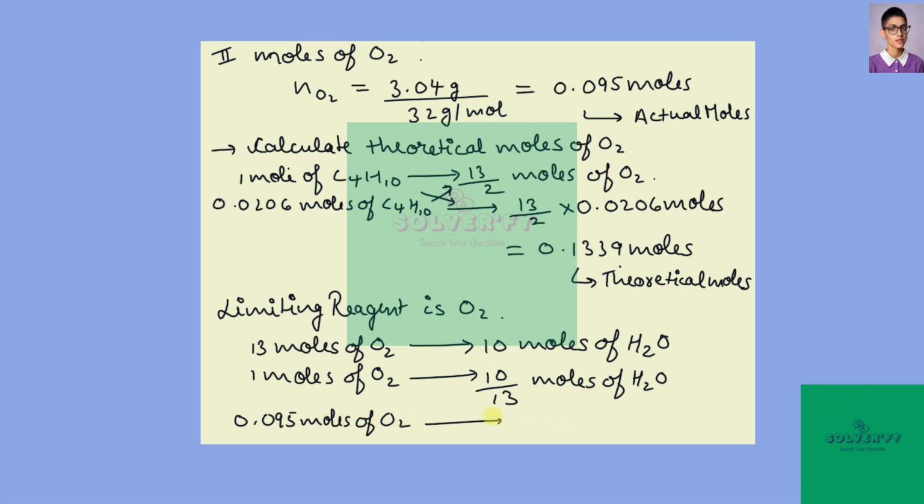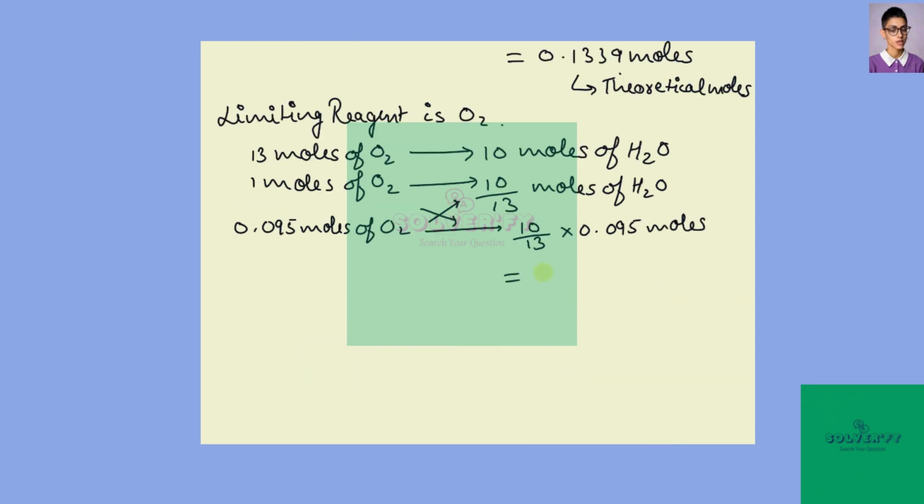How many moles of water will it produce? We'll simply cross multiply: 10 by 13 into 0.095 moles. So the number of moles of water produced from the 0.095 moles of oxygen is 0.730 moles of water.